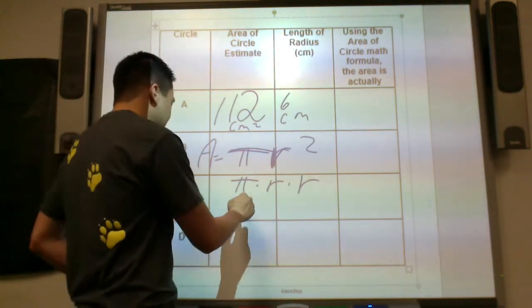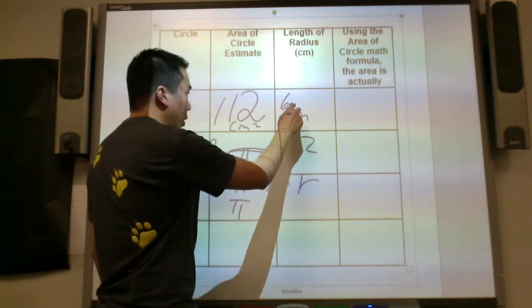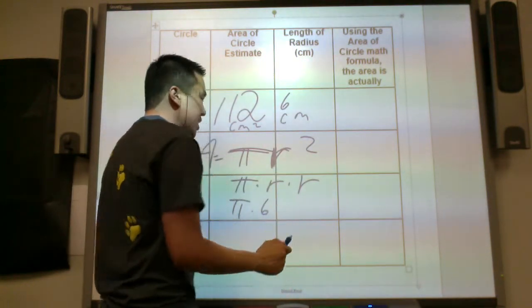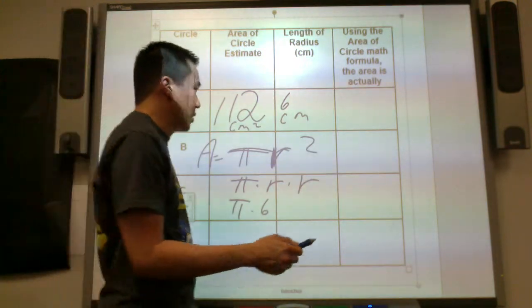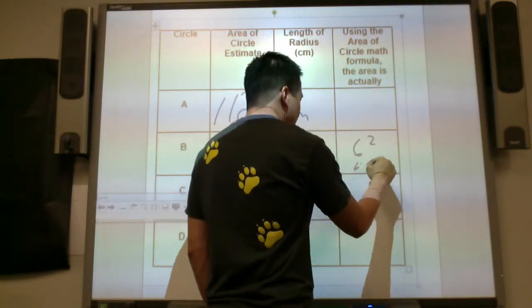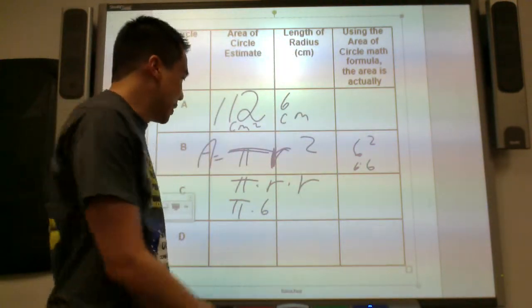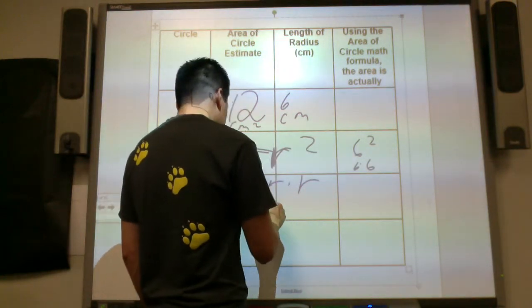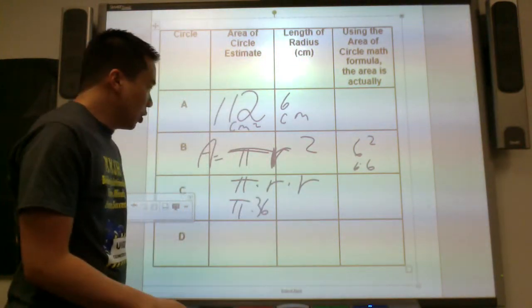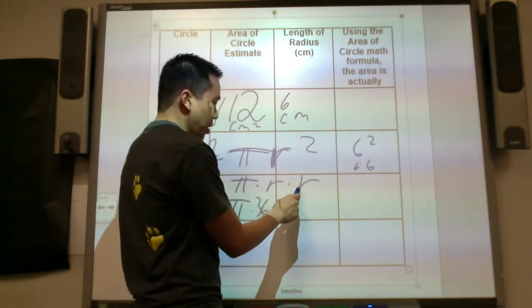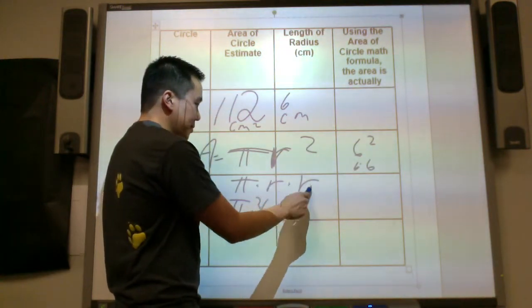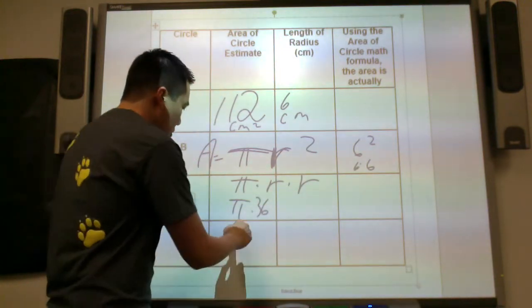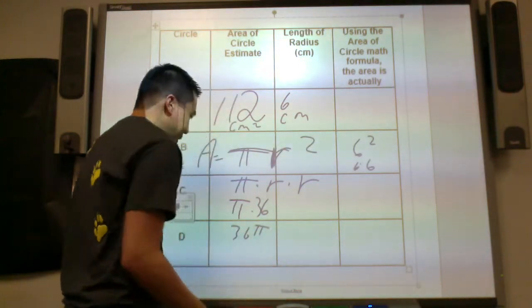So pi is pi, the radius is 6, and what is the square of 6? 6 squared is 36. The radius is 6, the other radius is 6, so 6 times 6 is 36. So what is 36 pi? It's up to us.